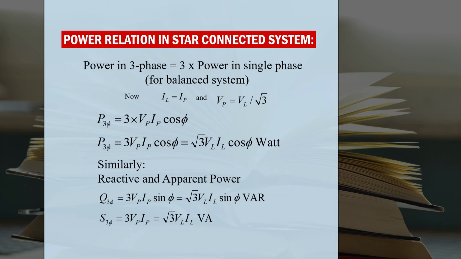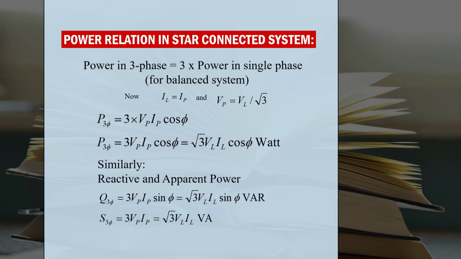As you know, in case of star connection, line current is equal to the phase current, and phase voltage is equal to line voltage divided by root 3, or you can say line voltage is equal to root 3 times phase voltage. Just put these two parameters in the power equation, that means P 3 phase is equal to 3 VP IP cos phi.